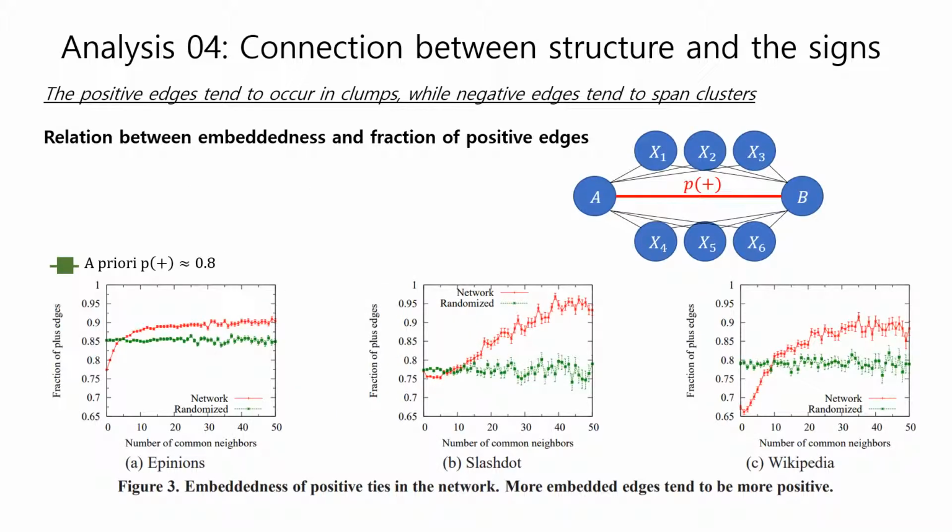Edges with endpoints having fewer than around 10 shared neighbors tend to be negative. However, as an edge participates in more triads, it tends to be increasingly positive. That is, a link is significantly more likely to be positive when its two endpoints have multiple neighbors in common.